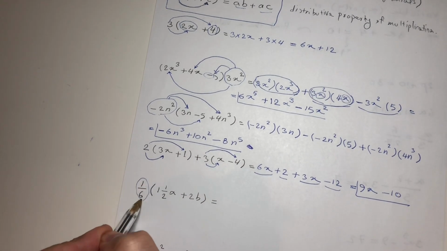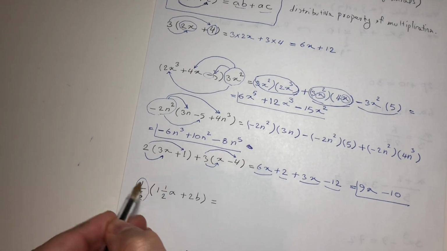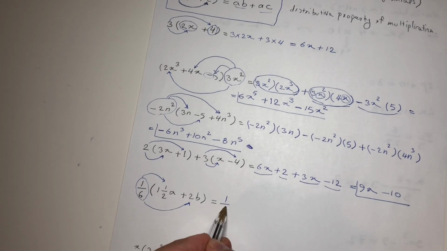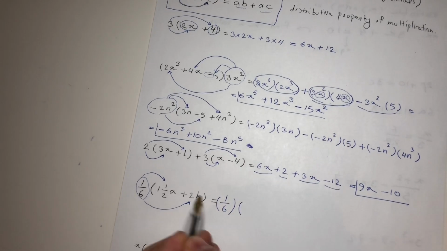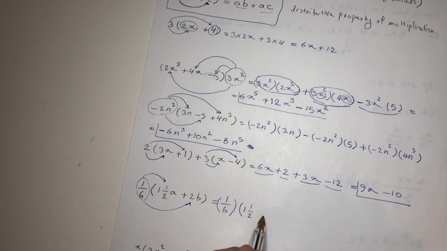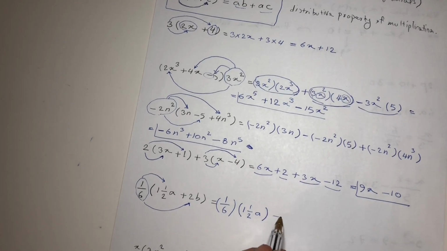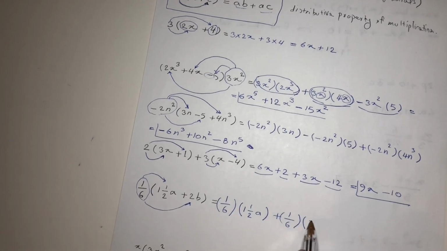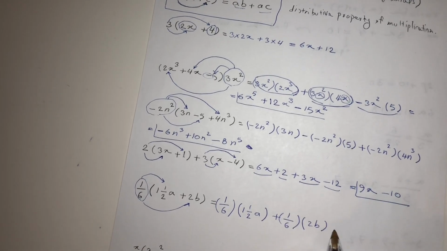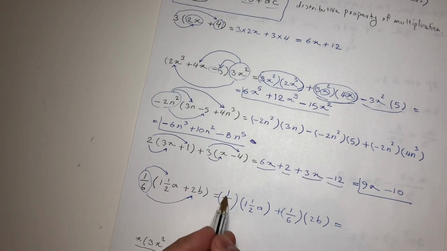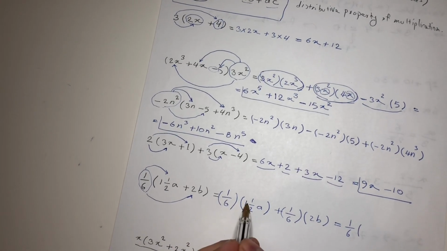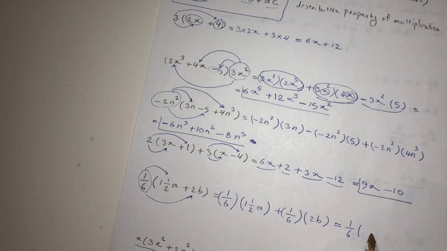Again, we don't care if it's a mixed number or whatever fraction. We just do the distribution, right? So we have 1 over 6 multiplied by 1 and 1 over 2a plus 1 over 6 multiplied by 2b. Okay, this would be 1 over 6 multiplied by 1 and 1 over 2 a.